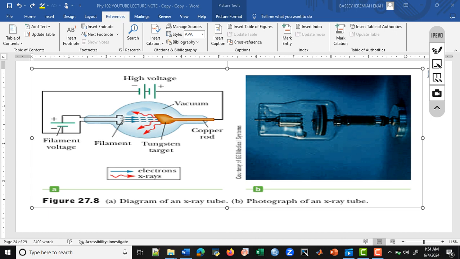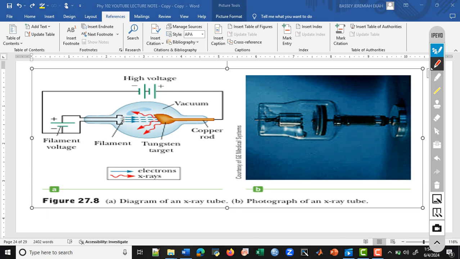So this one is just a diagram for demonstration. This one is a picture. Diagram of an X-ray tube. Photograph of an X-ray tube.